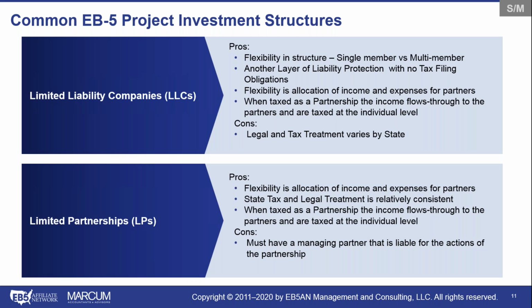It's a little bit more formal, and when you're talking about foreign investment into the United States, it's more common to have that investment structured with an LP versus an LLC. What we've seen from EB-5 over the past decade is a majority of deals are structured with LPs. That's the historical norm, and the market is more accepting of it. LLCs we've seen on smaller deals, but the typical EB-5 structure is definitely the limited partnership style.